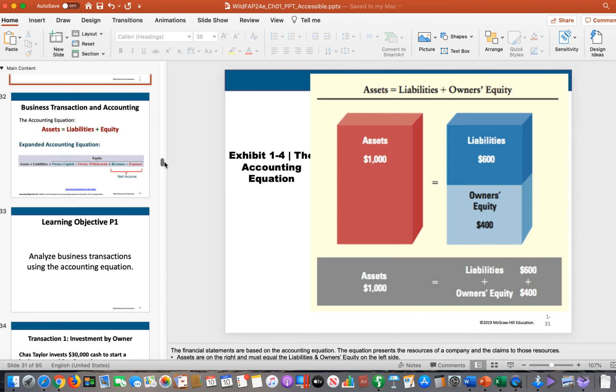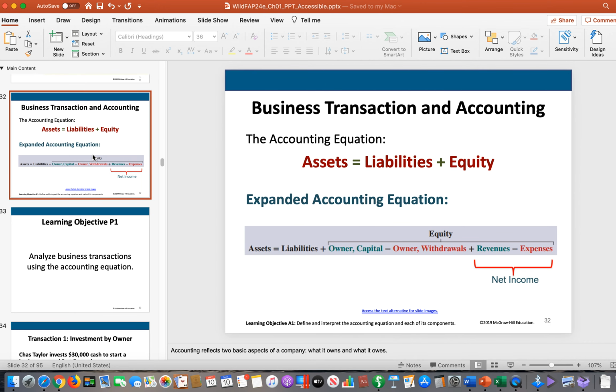Now, here is the equation again. Assets equals liabilities plus equity. But let's open this up. Let's open the equity section up.